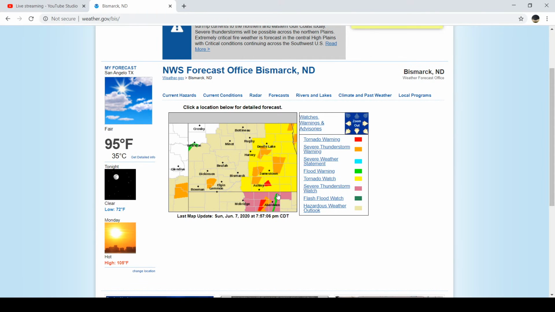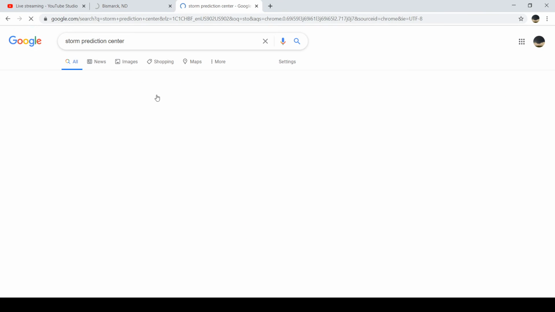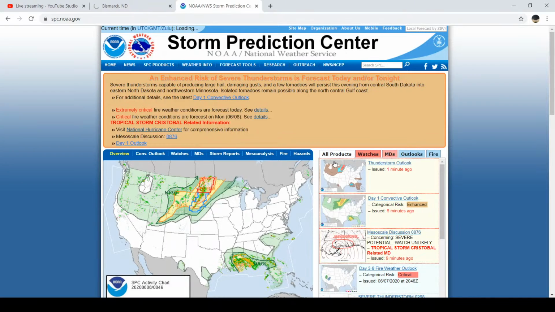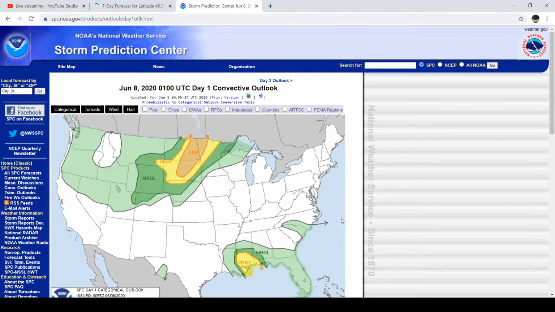So we're going to quickly break down the weather analysis and see what is happening. First, we're going to go on the storm prediction page, see what has been happening. As we can see, they updated this 6 minutes ago.